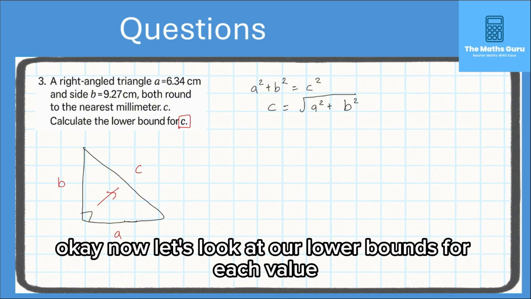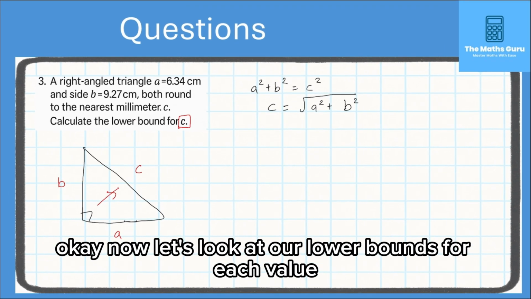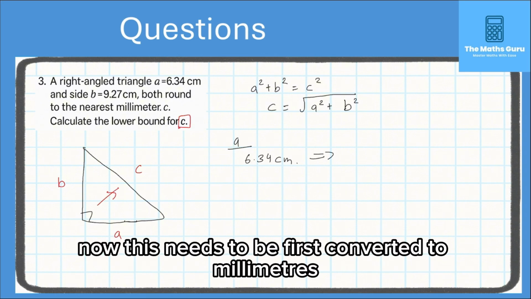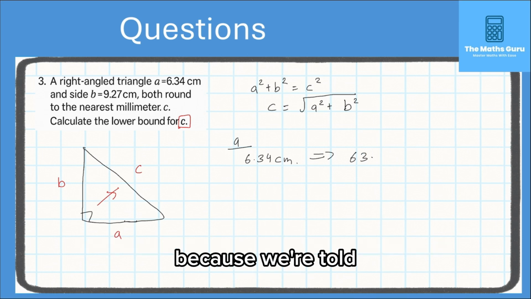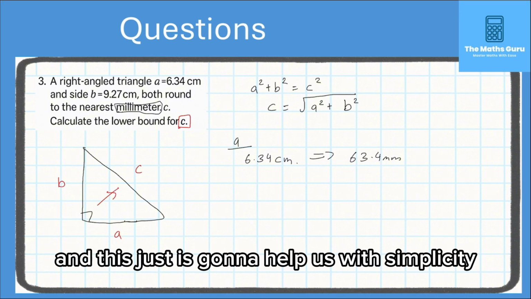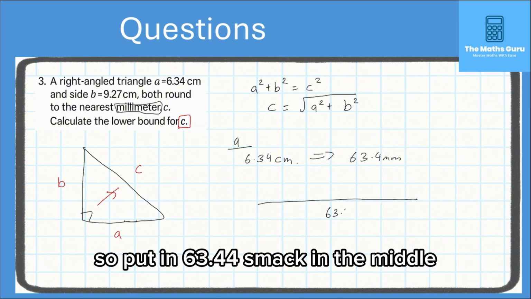Okay, now let's look at our lower bounds for each value. For A, we have 6.34 centimeters. Now this needs to be first converted to millimeters because we're told that they're both rounded to the nearest millimeter, and this just helps with simplicity. So putting 63.4 smack in the middle.